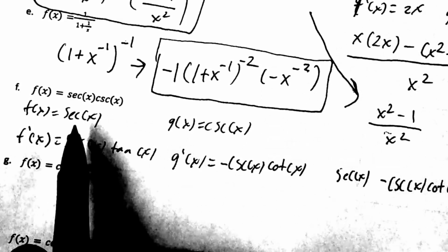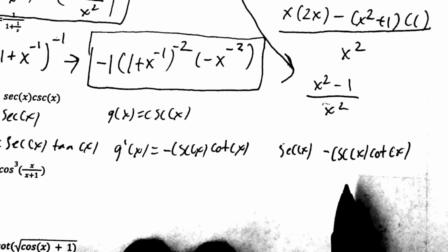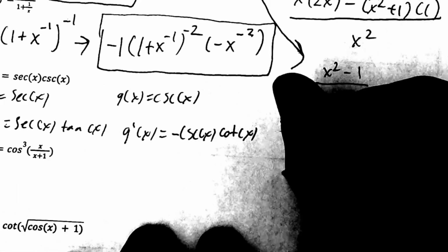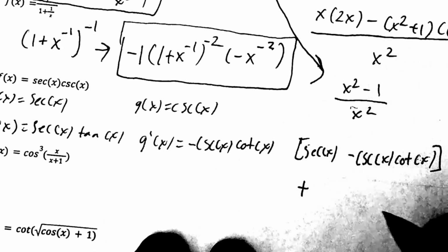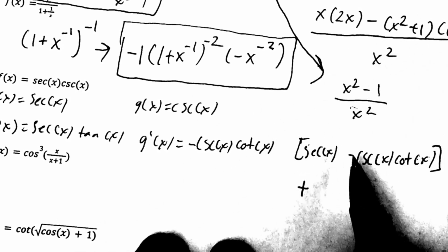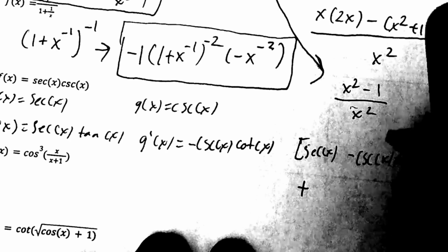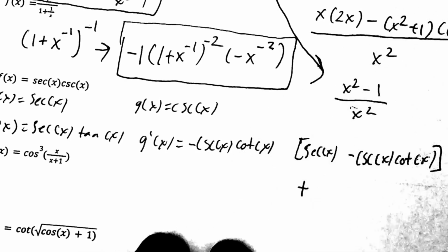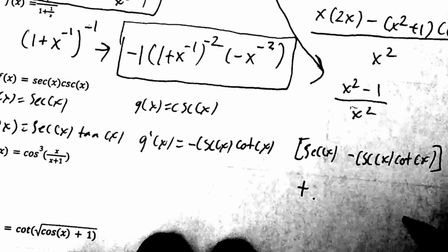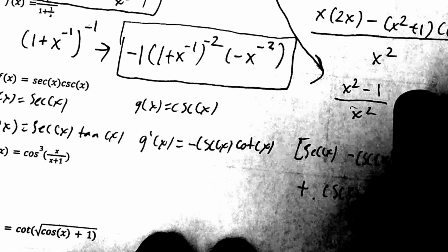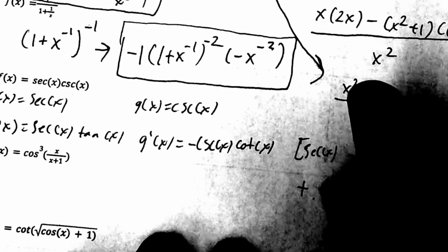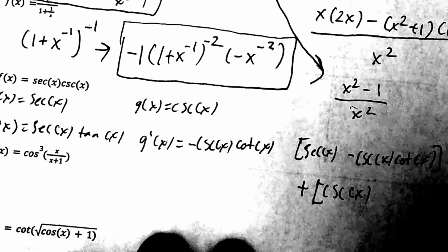So this is the f of x right here. This is all the derivative of g of x plus, so this is all like one big multiplication. That is not subtraction. That's just multiplied by a negative. And plus cosecant x secant x tan x.